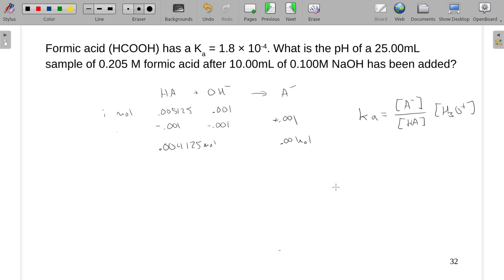So we'll have this at 1.8 times 10 to the negative fourth. We can turn these into concentration, but since it's just that ratio and they're all in the same container, we can do this with the A minus over the HA from just the amount of moles. And we're just going to solve for our H3O concentration and then turn that into a pH.